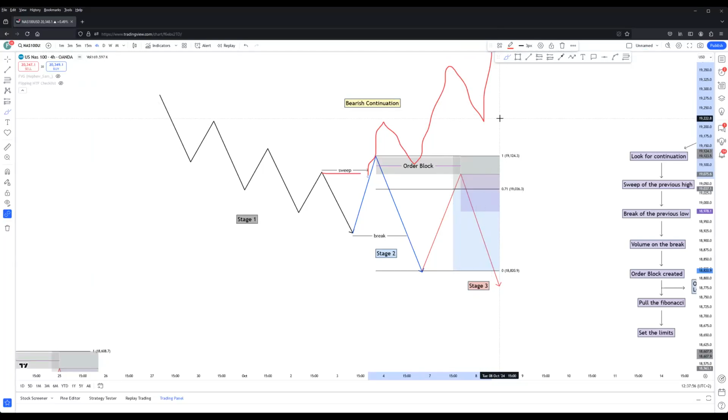But what the market is doing in reality is just collecting all of the buy stops. So, just imagine that lots of buyers are placing their buy stops right here. And when those buy stops are actually getting triggered, someone has to sell their positions.